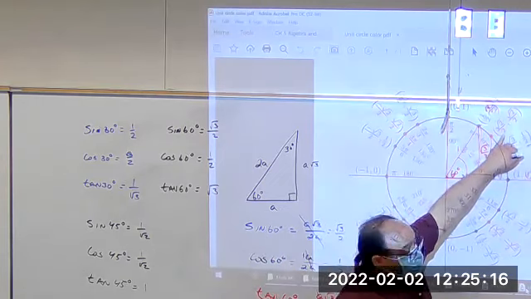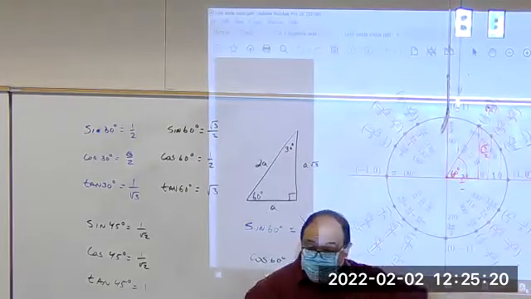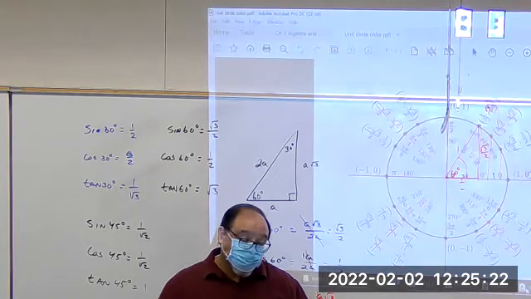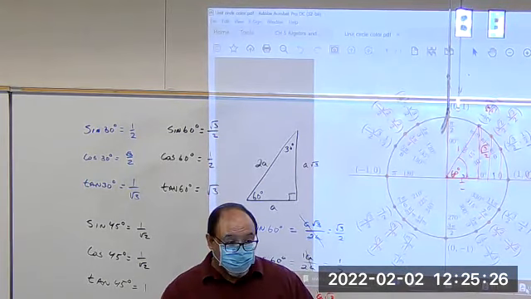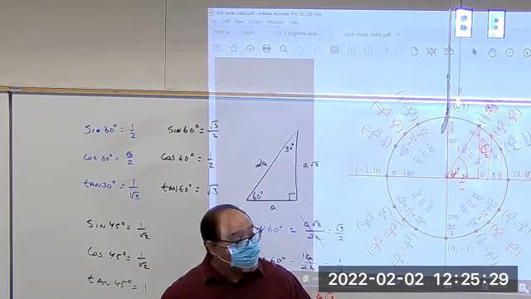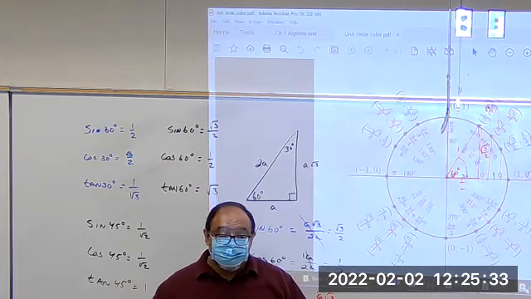All your 45 degrees, root 2 over 2. Or 1 over root 2 if you're not going to rationalize. Okay. You've got to find a way to know, again, not necessarily memorize all 4 quadrants. If you know quadrant 1, you have everything.